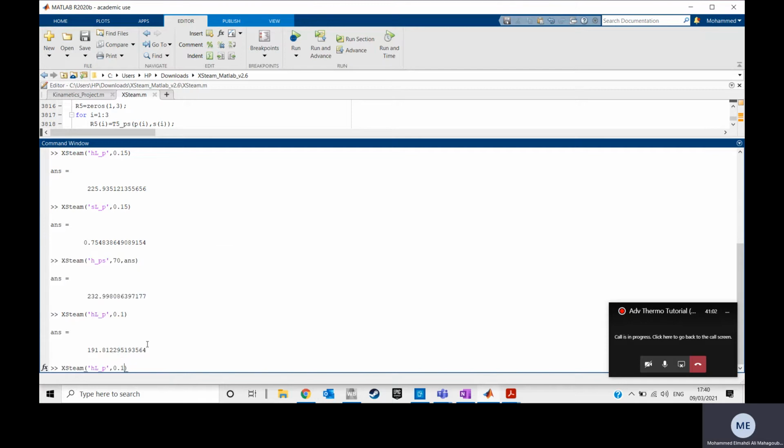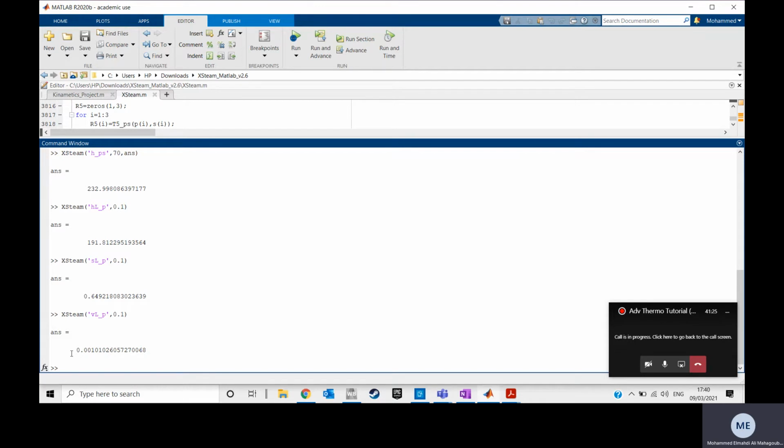Okay, so let's find at first the entropy of point 1. Yes, this is the entropy of point 1. Okay, or let me do it in the way that you are going to do it in the exams. Okay, so because in the exams you don't have tables A7. Okay, so let me find at first the specific volume of point 1. Yes.